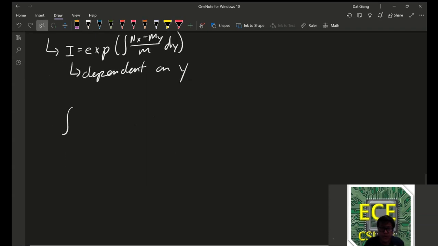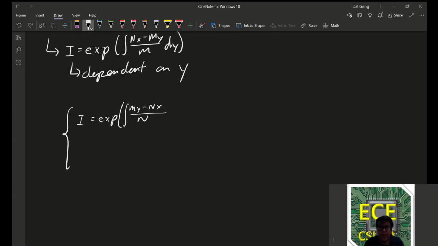So using one of these two forms, I is equal to the exponential of the integral of My minus Nx divided by N dx, or I is equal to the exponential of the integral of Nx minus My divided by M dy.